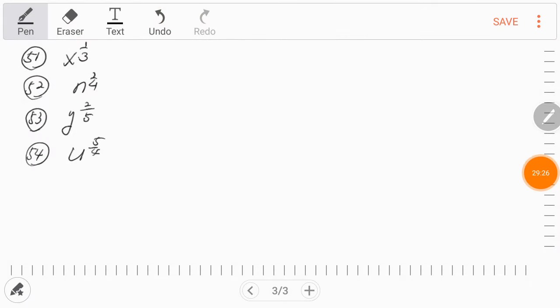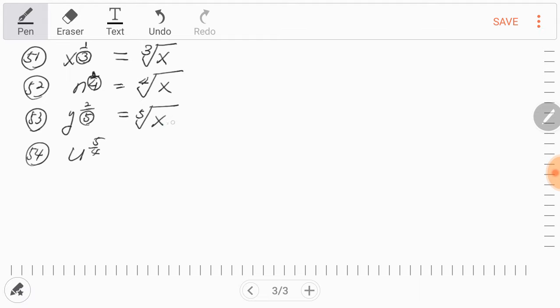Okay, in this exercise, let's rewrite each expression in radical form. So always move the denominator of the exponent to the index. Then this will be the cube root of x. The exponent is 1 over 4, then 4 goes to the index, so 4th root of x. 5 is the denominator, that becomes the index, so it'll be the fifth root of x squared.